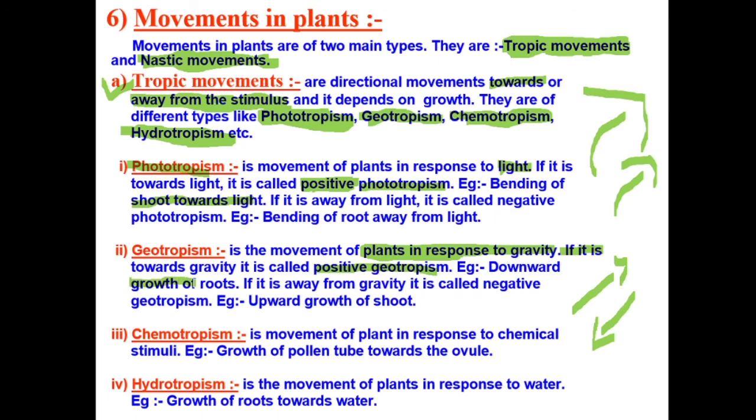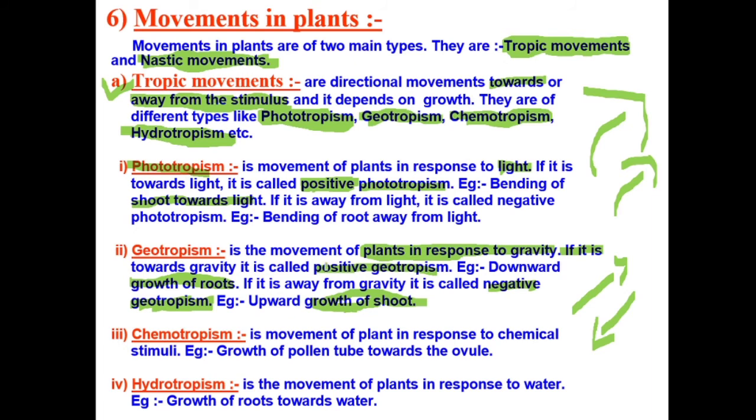So roots grow towards gravity, right? Away from gravity, negative geotropism. Like shoots, they grow away from the gravity. Have you understood what is positive and negative? Positive means towards the stimulus, negative means away from the stimulus. So the shoot is growing away from gravity, that is negative geotropism, right? Away from the stimulus. The root is growing towards gravity, that is positive geotropism.